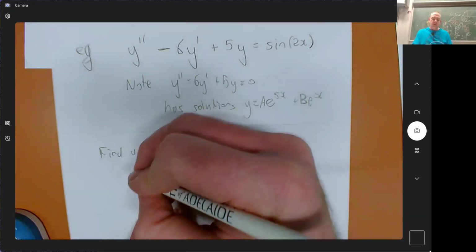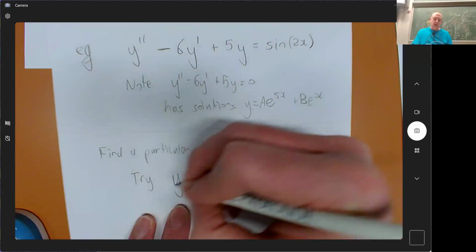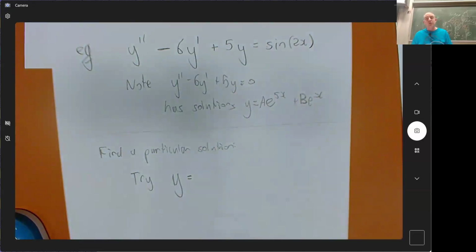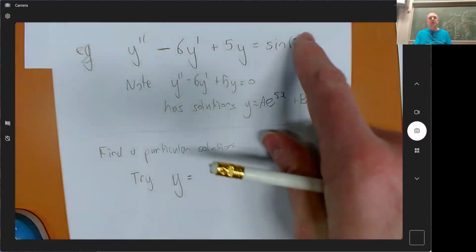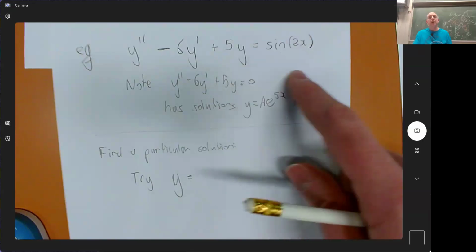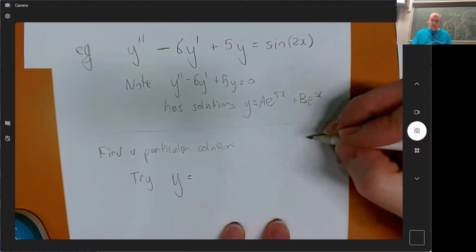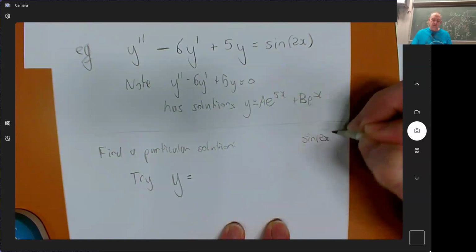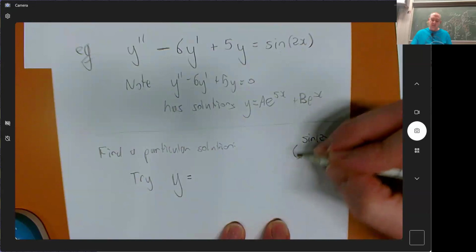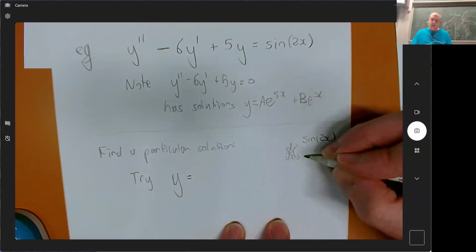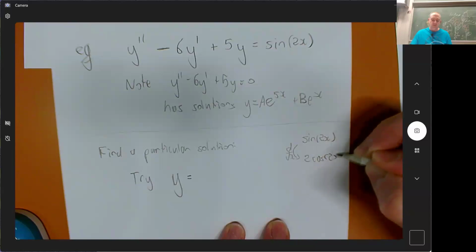find a particular solution, and I will try y equals, and the way that you choose is you have this thing and any function that appears in its derivatives. So I have sine of 2x, right? And if I differentiate that, I'll get 2 cos of 2x.